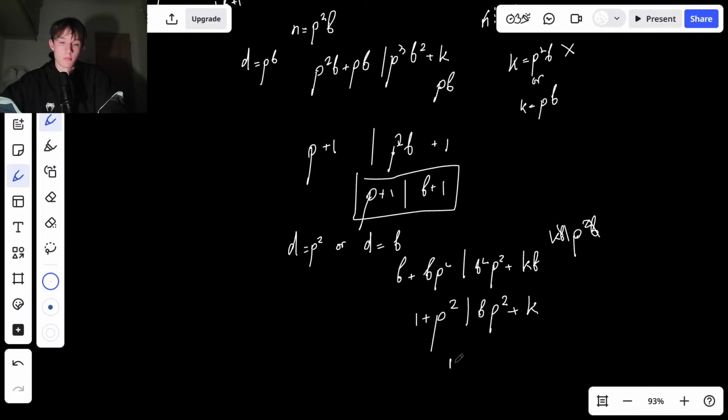Now that's the same as 1 plus p squared divides k minus b, or shall I say b minus k? I know k divides p squared.